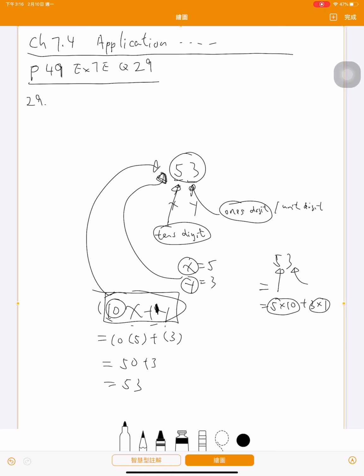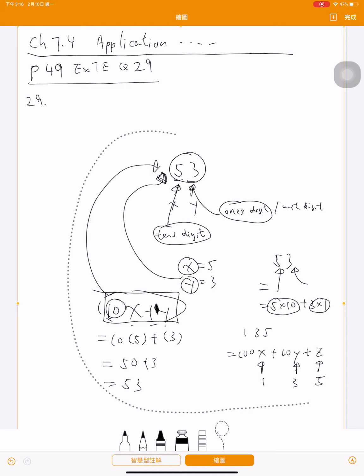If it is a three-digit number, for example 135, then we can use 100 times x plus 10 times y plus 1 times z, right? Of course, x is 1, y is 3, z is 5. Understand?